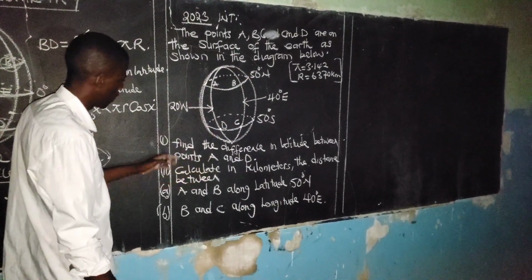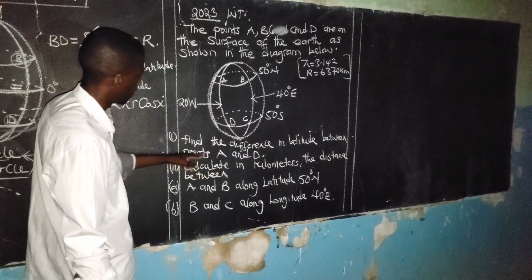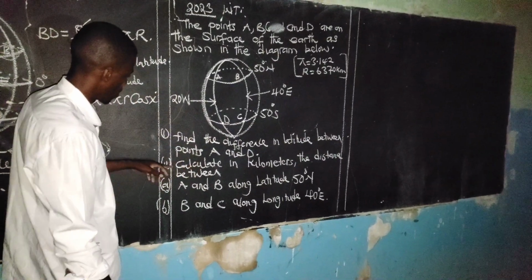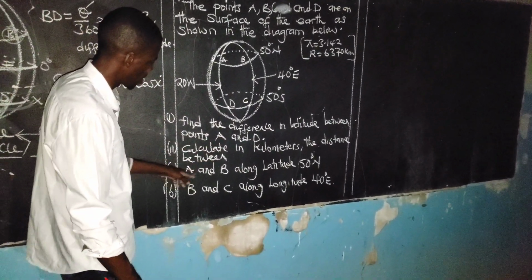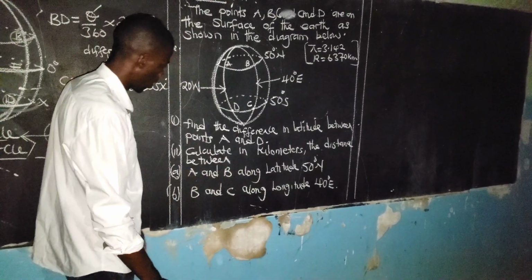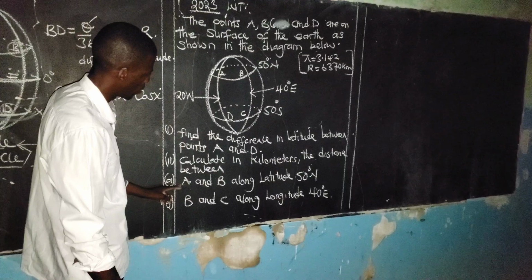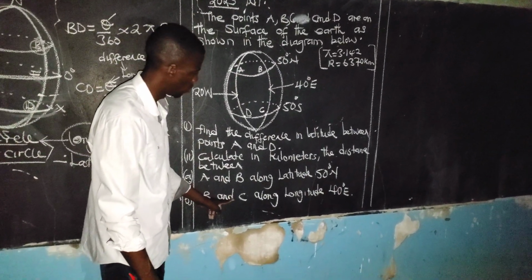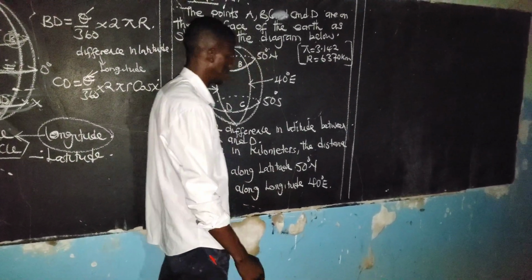Then we have the shape there. The first question says, find the difference in latitude between point A and D. The second one, calculate in kilometers the distance between A and B along latitude 50 degrees, B and C along longitude 40 degrees east.